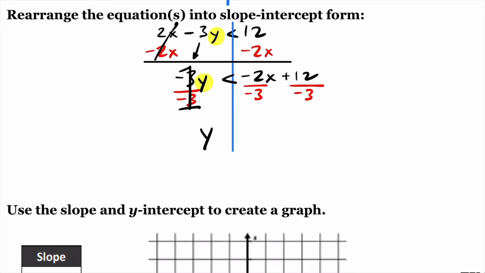There's something I need to do here, but what did I divide by? A negative, right? So if I divide both sides by a negative number, I have to do what? Switch the symbol. Yep. Flip the symbol so it's facing the other way.